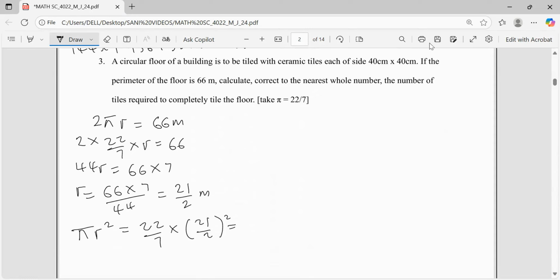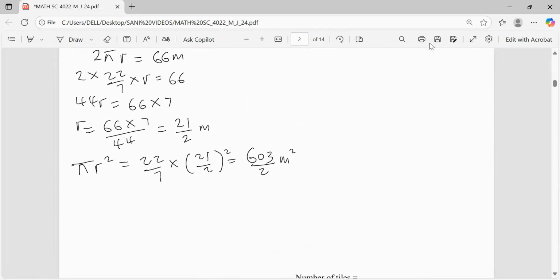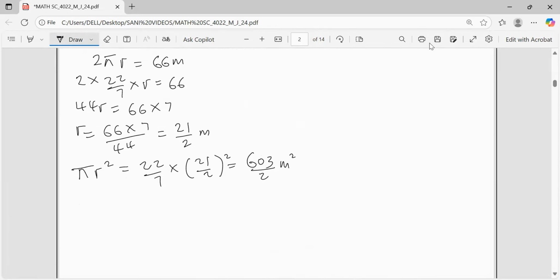So this gives us 603/2 meter squared. So let us find the area of a tile. That is the area of one tile.